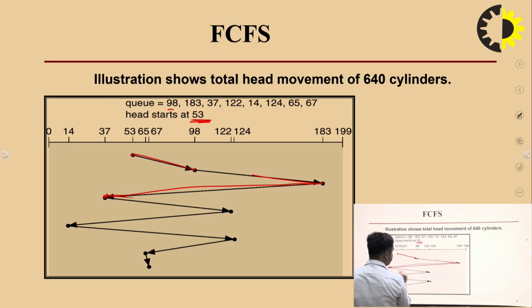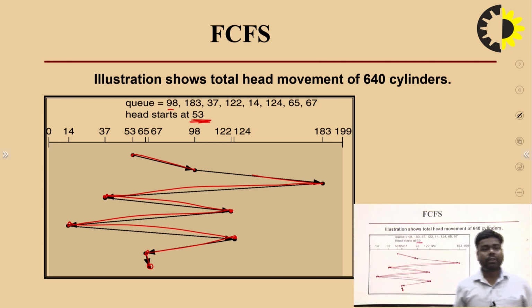Next 122, then 14, next 124, next 65, next 67. So this is the path we follow for disk scheduling for first come first serve.